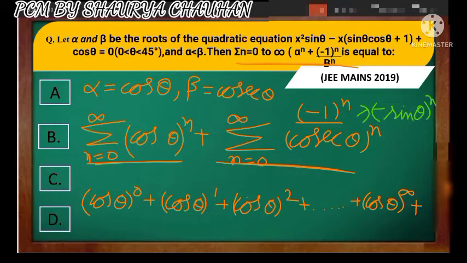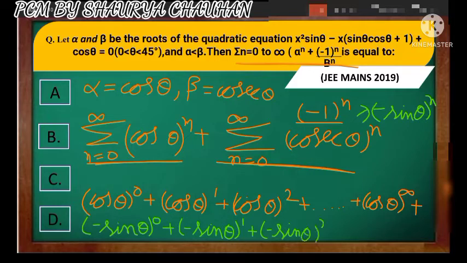So by opening this term also, it will become minus sin theta power 0 plus minus sin theta raised to power 1 plus minus sin theta raised to power 2 and so on to infinity.